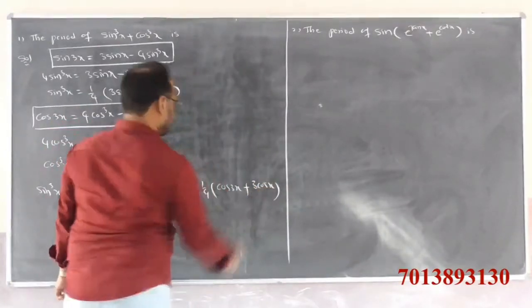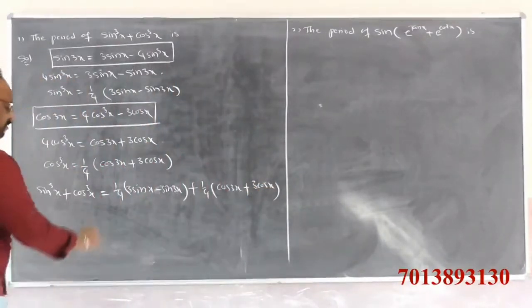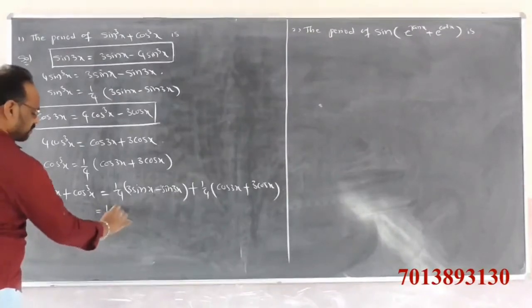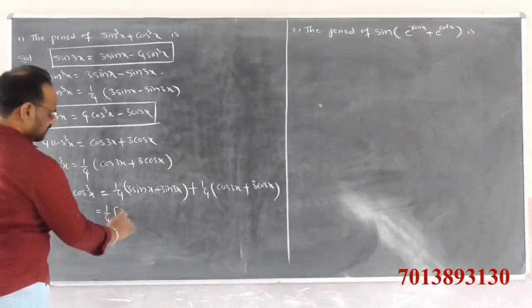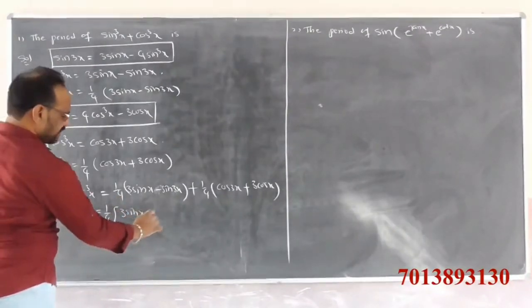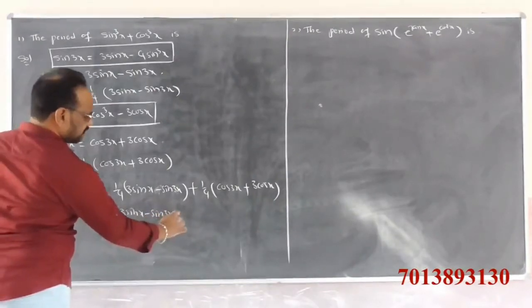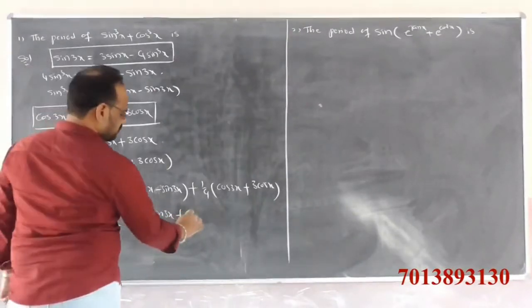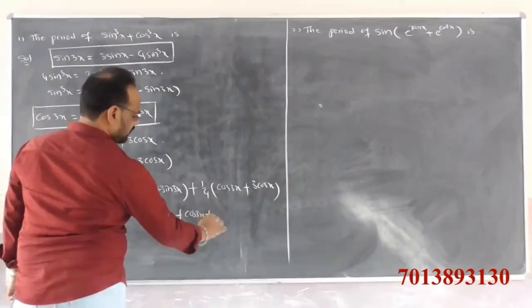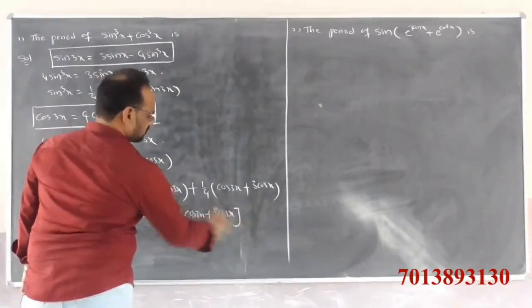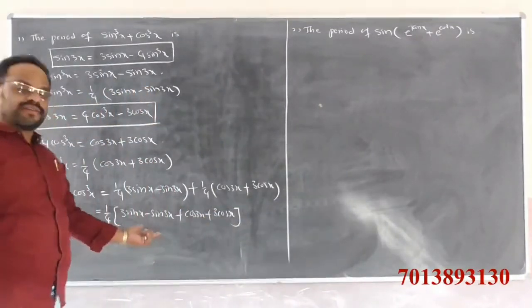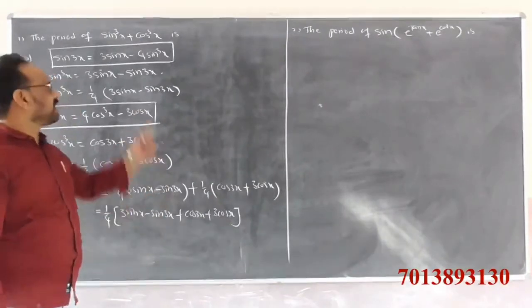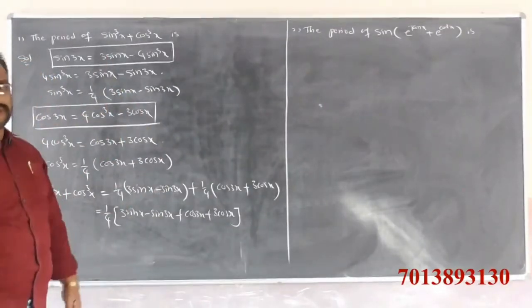If we take 1 by 4 as common, we get 3 sin x minus sin 3x plus cos 3x plus 3 cos x. We want the period of this function, which is sin cube x plus cos cube x.